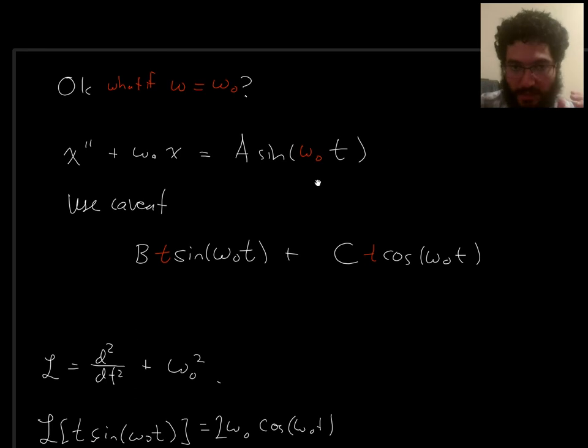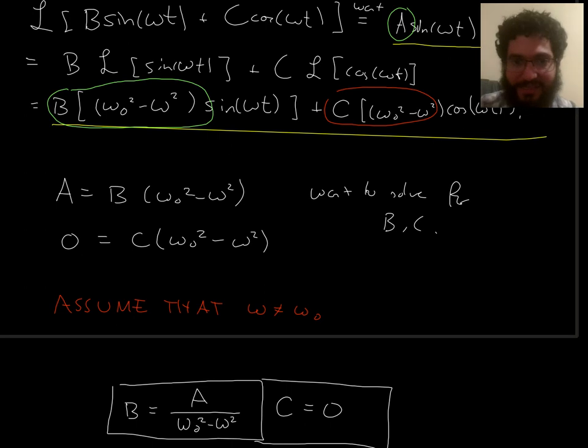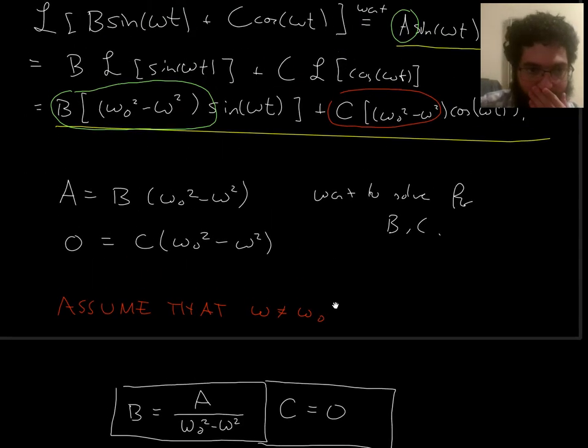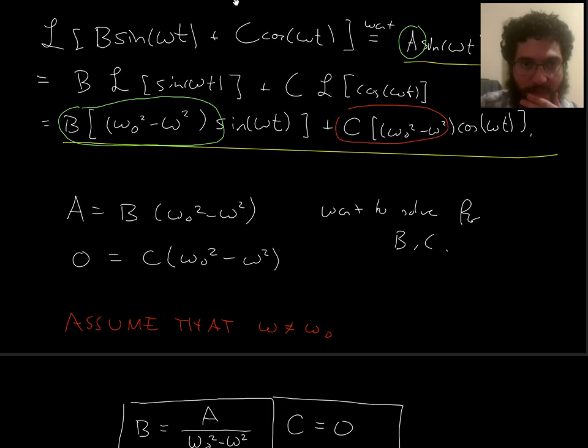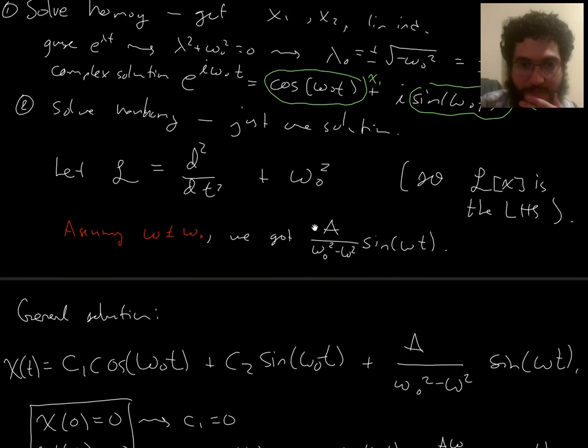On the right hand side here we have a sine type of thing, not a cosine thing. Back in the case omega not equal to omega naught, remember what we got? Let me flip back to that case. We got for our particular solution something with a sine. So sine for the forcing function, sine showing up in the particular solution.